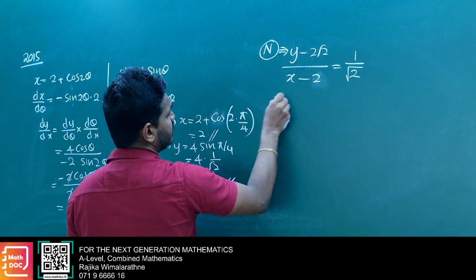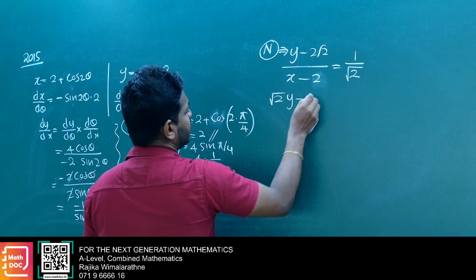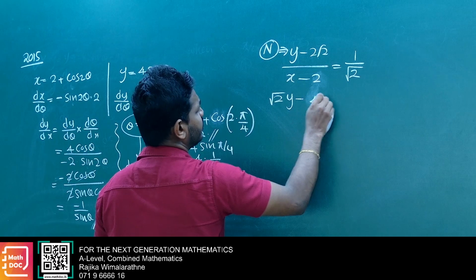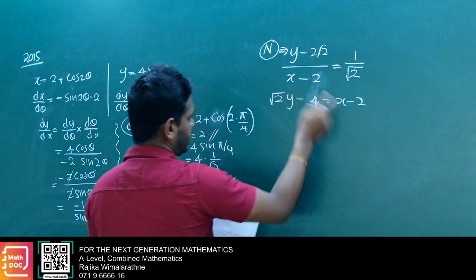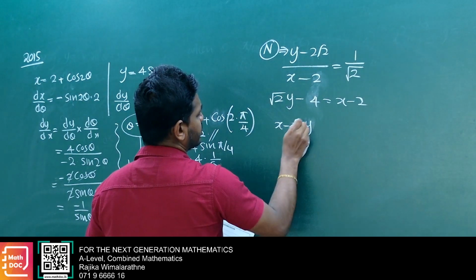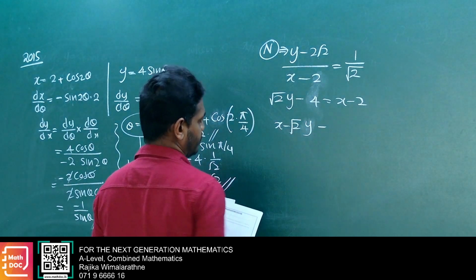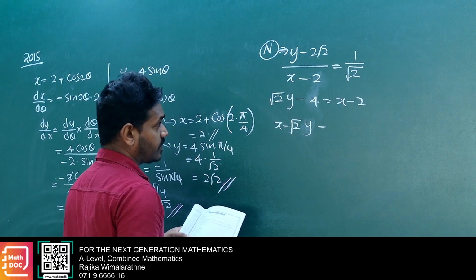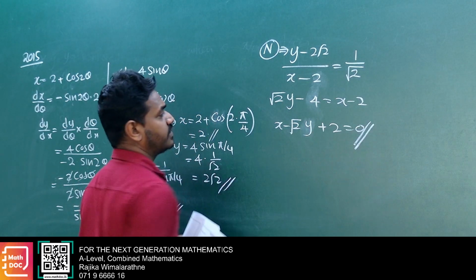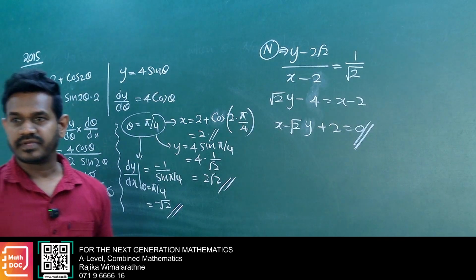Now cross multiply: root 2 y minus 2 root 2 times root 2, which means 4, equals x minus 2. Take all terms to one side. That's the normal. Same type.